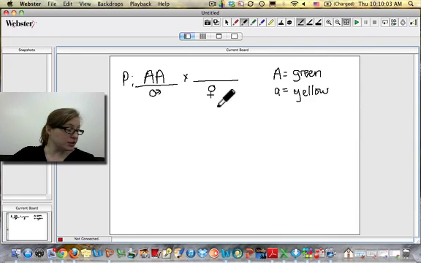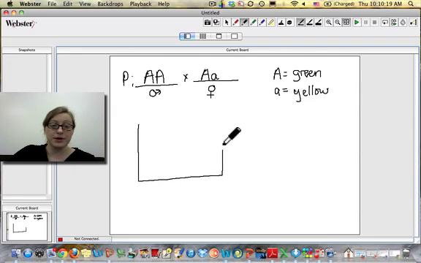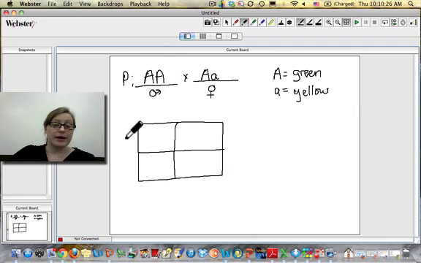And the female's genotype, it says that she is heterozygous, therefore she would be big A, little a. Okay, and she is also green. So both parents are going to be green here. Okay. Next step, set up the Punnett square. So here we're going to do the cross. Okay. Gametes down the side for this parent and across the top for the other parent. Fill that in.